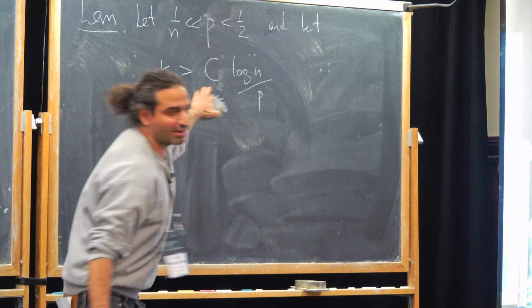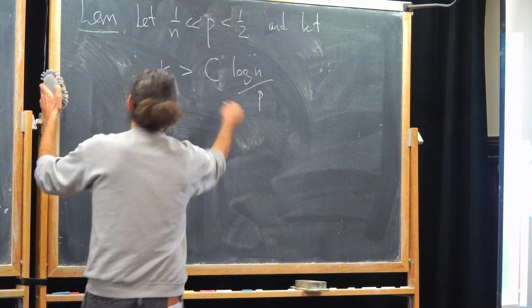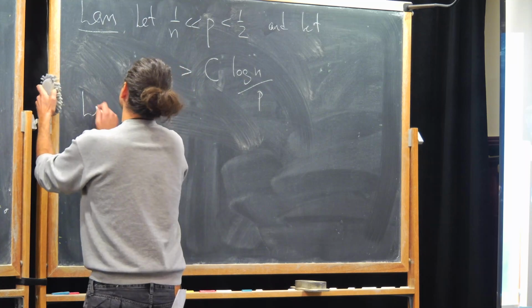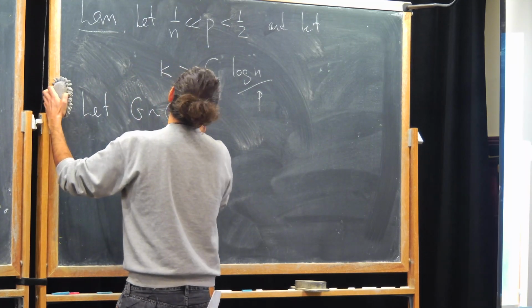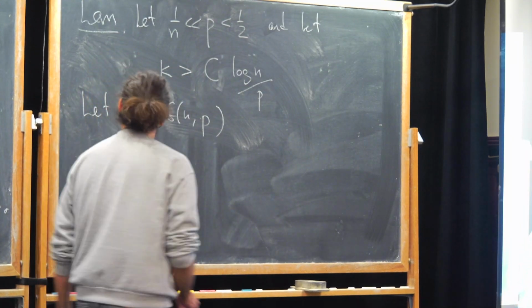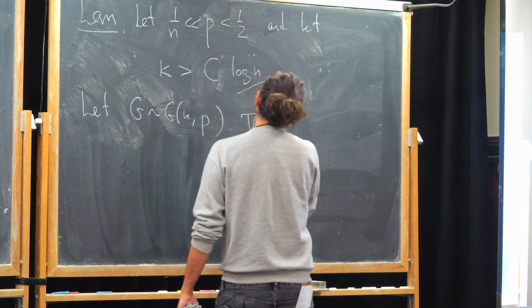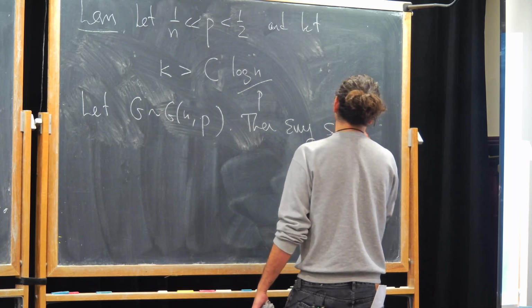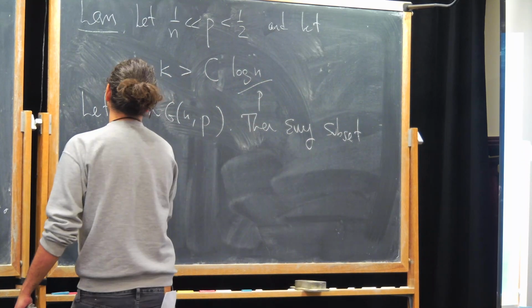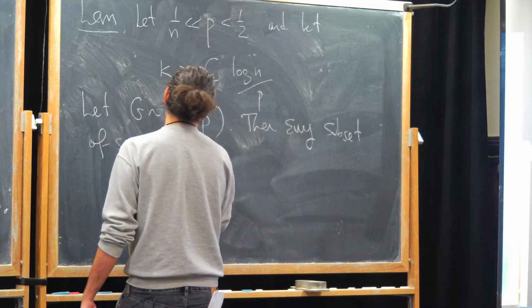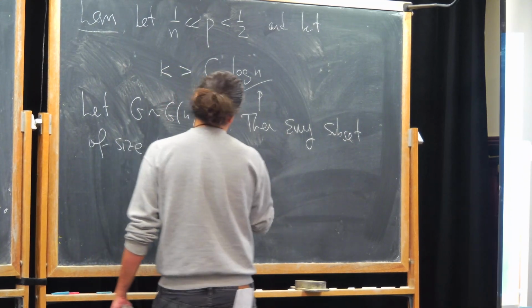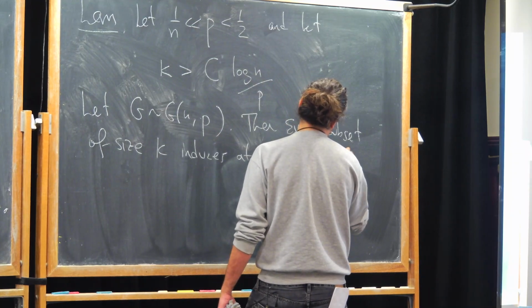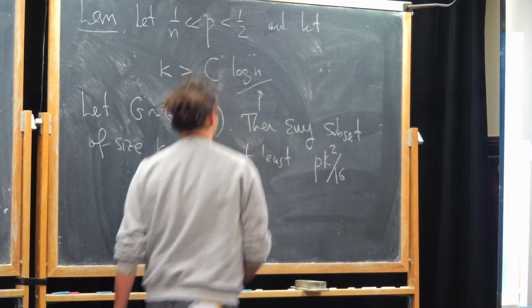This is a familiar number from yesterday. Let G be G(n,p). Then every subset of size k induces at least p times k squared over 16 edges.